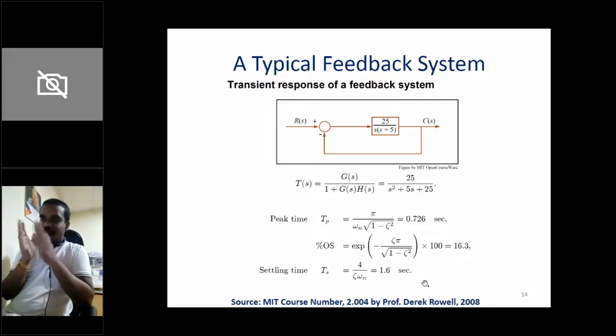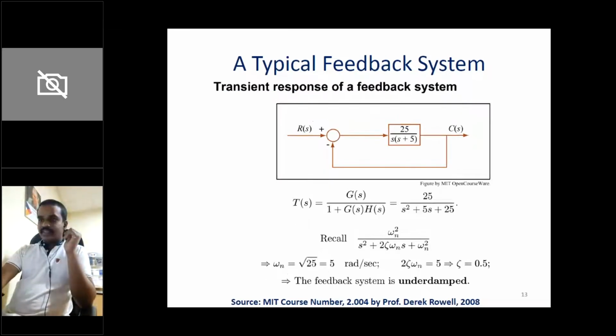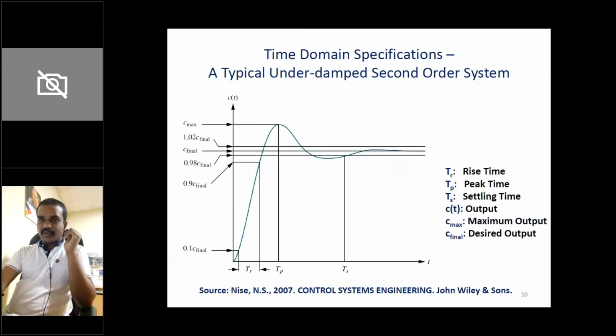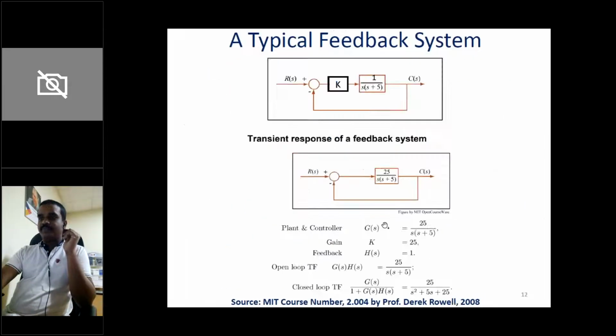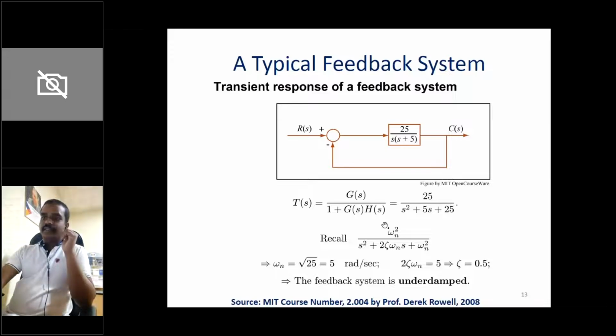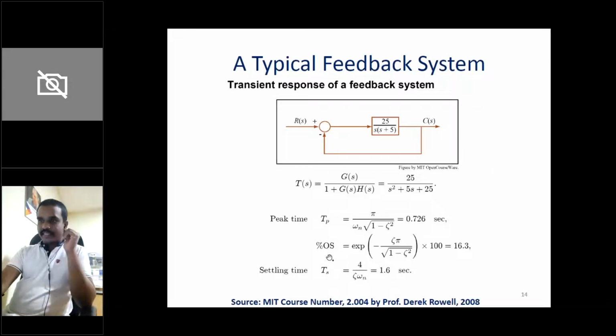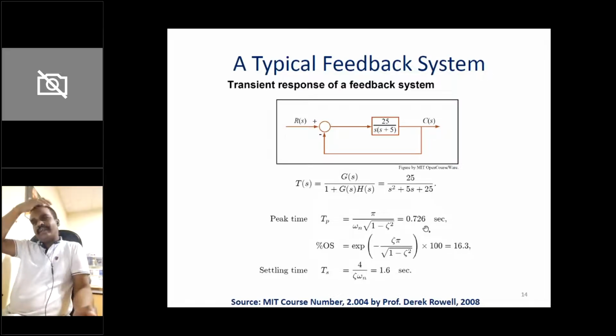If I plot the step response of this particular system, then it should look like this. The overshoot, rise time, settling time, and peak time we can calculate from these equations. For this particular application, the peak time is 0.726. This is fine, but how do I plot this one, and how do I visualize this one?